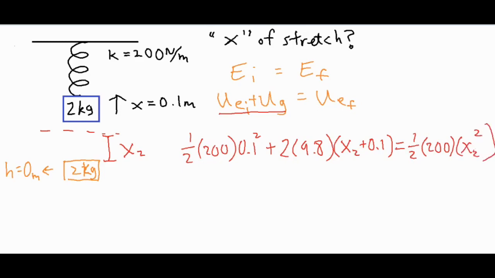So if I'm taking a look at all my numbers here, I do only have one unknown variable. So let's go ahead and rearrange this a bit and condense some of these numbers and see what we get for our x value.